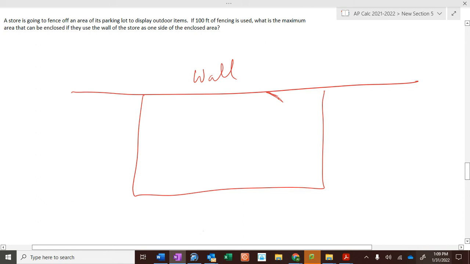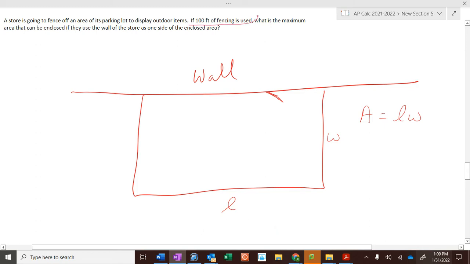It says, what is the maximum area? What are we trying to maximize? The area. So the area is what? Length times width. Yep, base times height. So let's just use length times width in this problem.